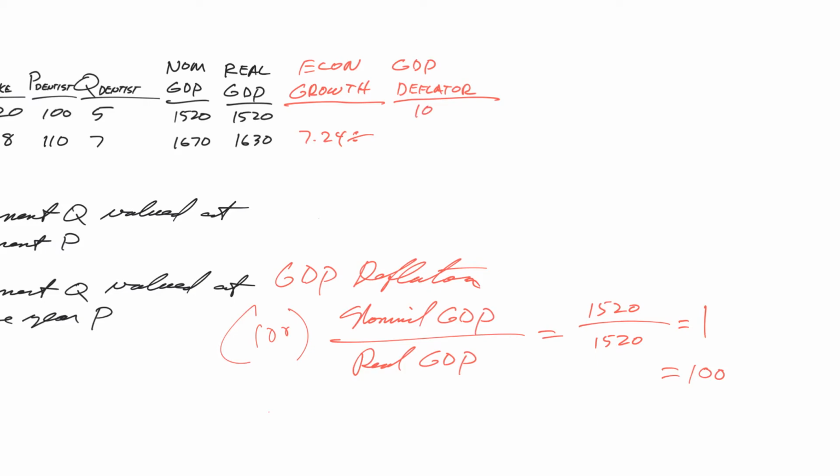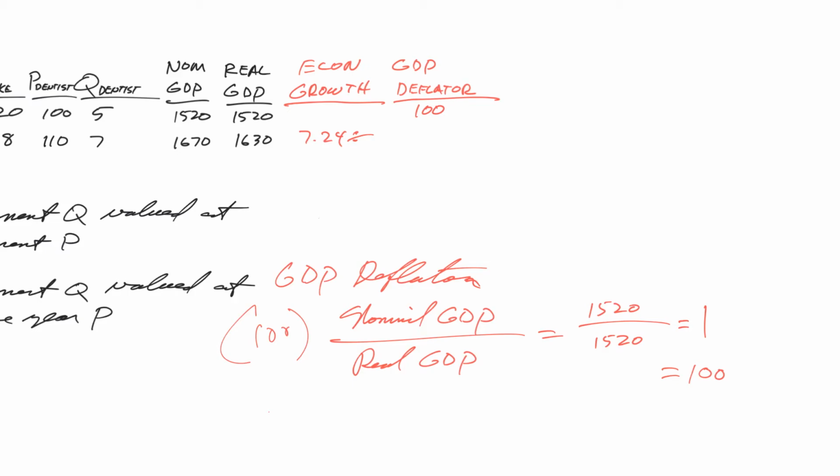The interpretation of that is that in year 1, prices are 100% of what they were in the base year. Well, year 1 is the base year, so of course they're 100% of what they were in the base year.